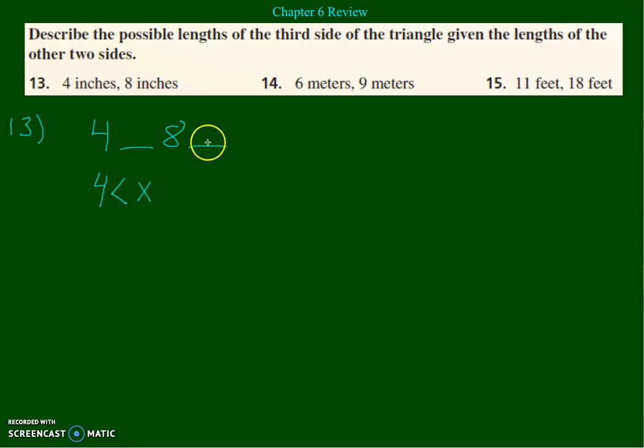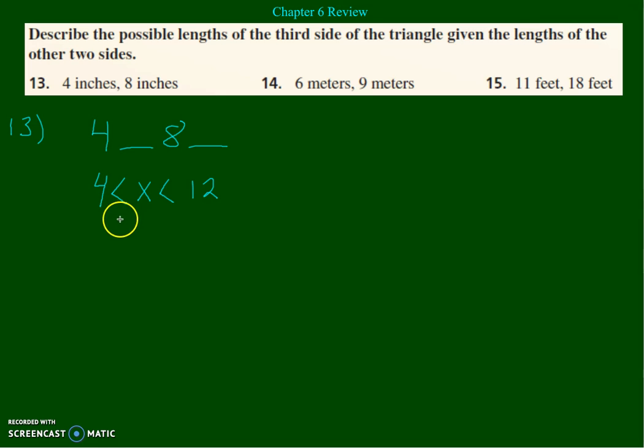So the length I choose has to be less than the sum of these two, so it has to be less than 12. Because whatever I pick for this value, this number plus this number must be greater than 12. And so this gives us the possible lengths of the third side of the triangle for problem 13.